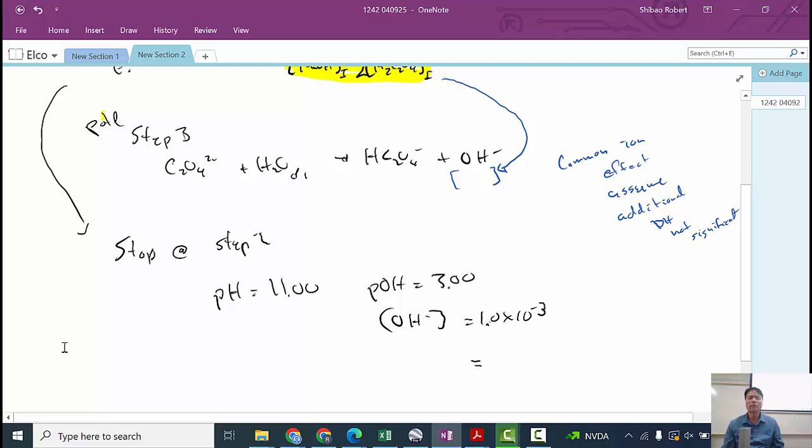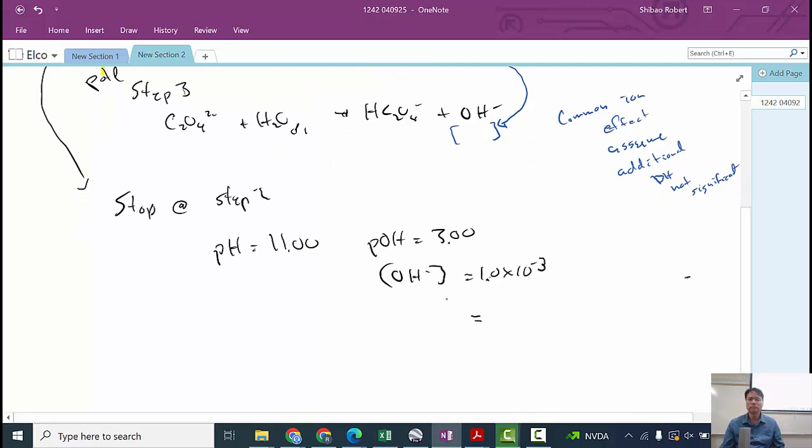So this is equal to the hydroxide total. Actually, it's not equal to the sodium hydroxide total, it's equal to the hydroxide total.